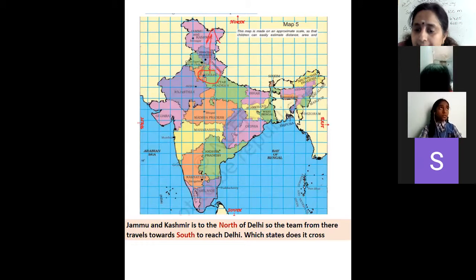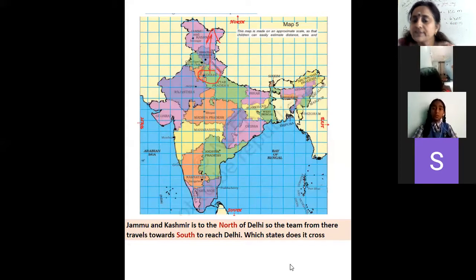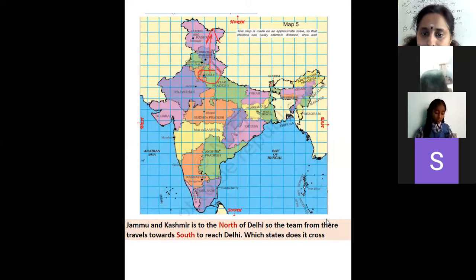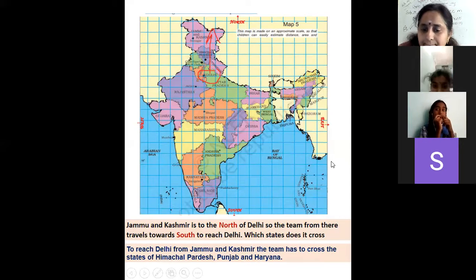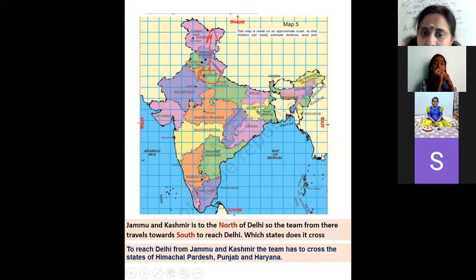The team from Jammu and Kashmir is traveling towards south. South means down, isn't it? So which states does it cross? Tamil Nadu, Karnataka, Andhra Pradesh? No, from here to here.